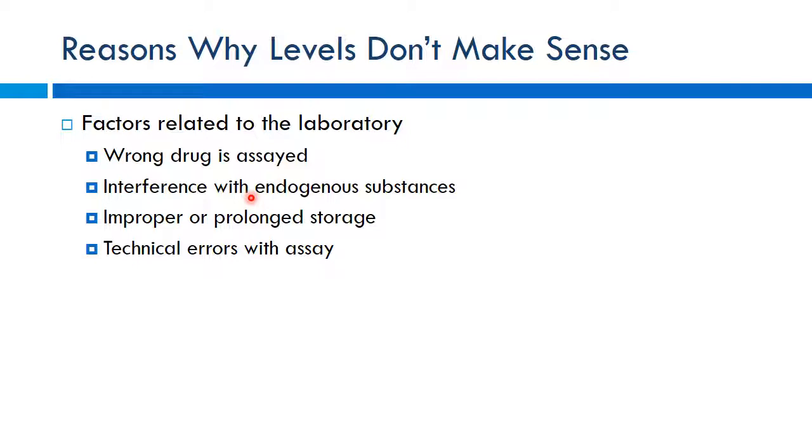So you get a level that comes back high, and you're just like, well, the patient looks like they're doing okay. What's going on with this? And then you realize, oh, the patient's super hypotensive and they're on all kinds of vasopressors and they're really stressed out. Physiologically, that could lead to those issues. But this would not be our case in the patient we're just talking about. Improper or prolonged storage of the dose or the level could lead to assay errors, and then just technical errors. If the test was run incorrectly, that could lead to problems.